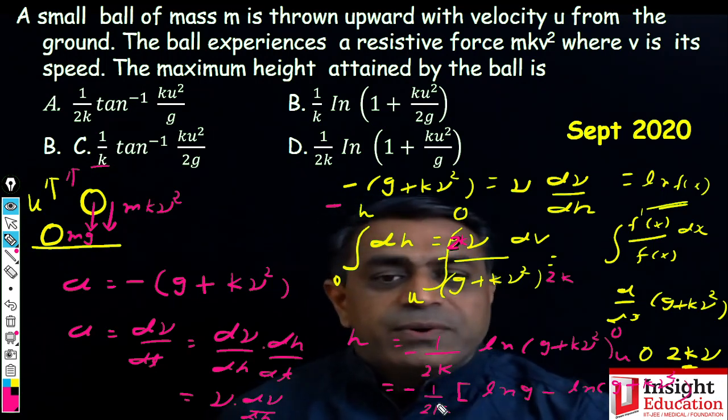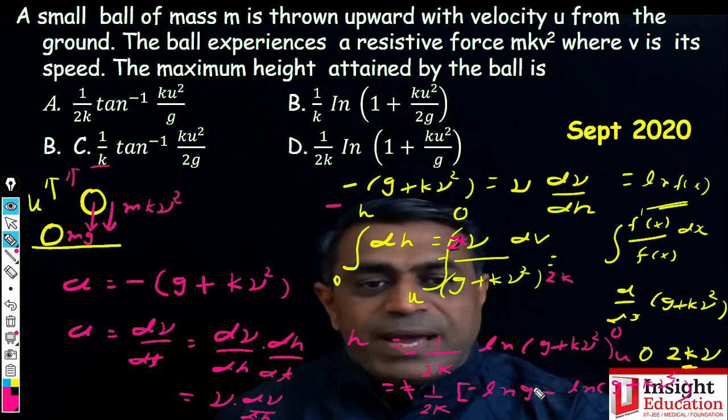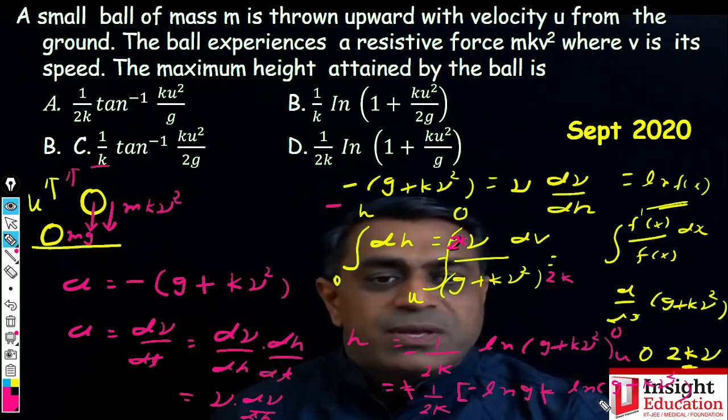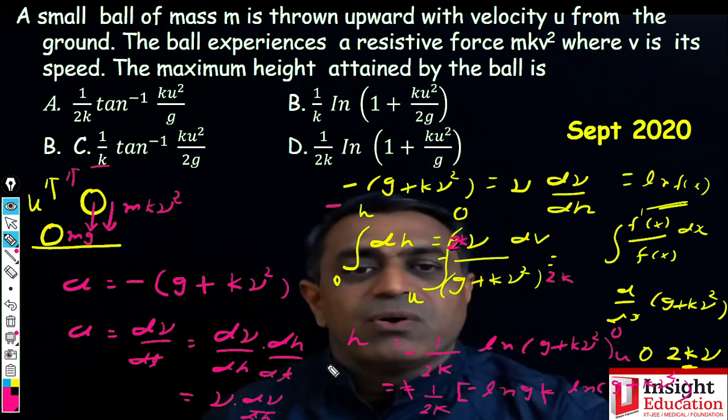Now with the minus, so I can write log of g plus kv square upon log of g.